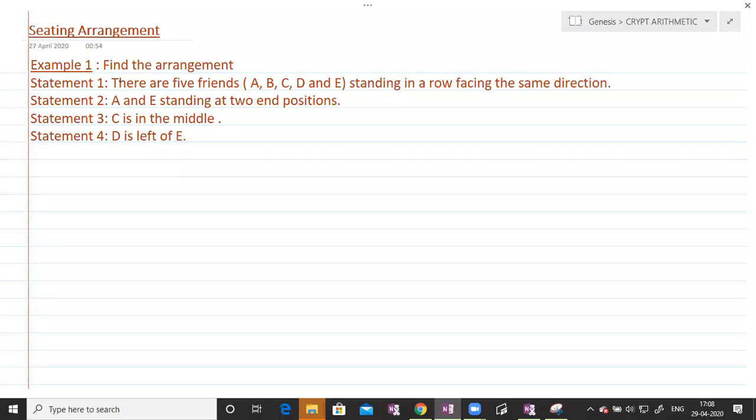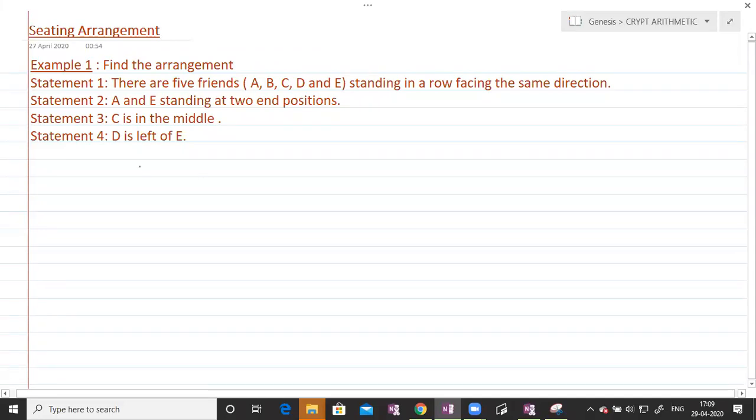Let's try to understand. And remember the few typical words that we have to understand. The few typical words in the data arrangement, in the sitting arrangement, matter a lot. What I'll do, I'll first create the position of the people. There are 5 friends standing in a row facing the same direction.